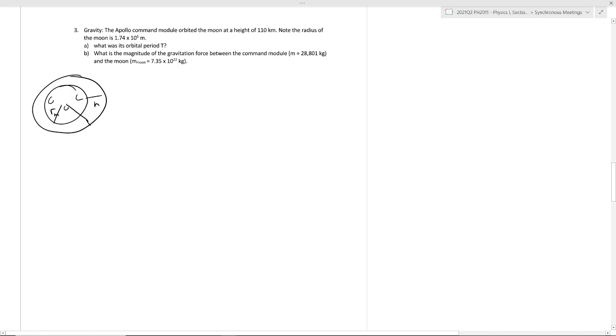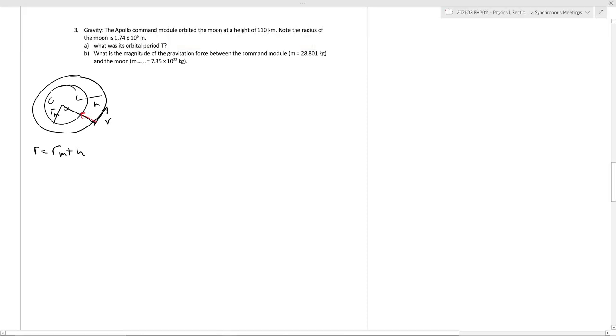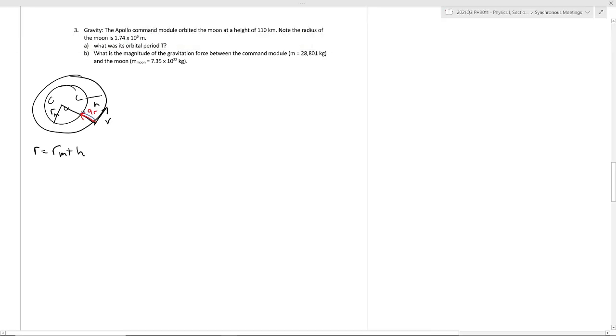So we have the radius of the moon, and the radius that we would care about would be the radius of the moon plus that height. And this would have some speed v, and there would be a centripetal acceleration that would be pointed towards the center. And in this case, it is, of course, the force of gravity that's providing that.